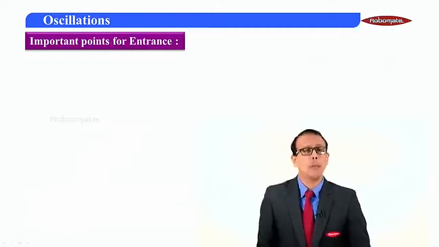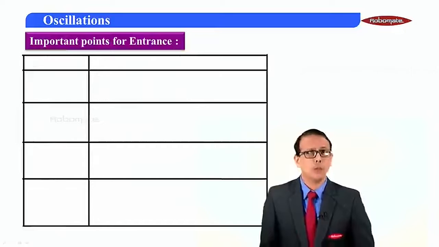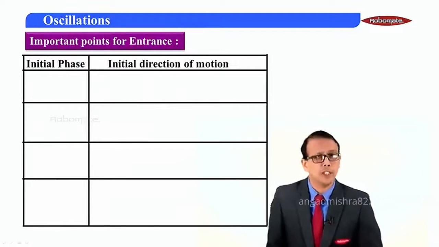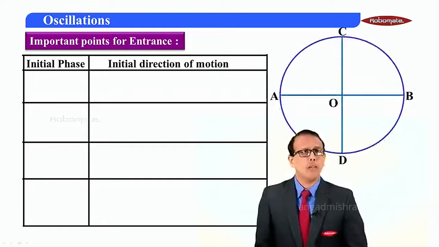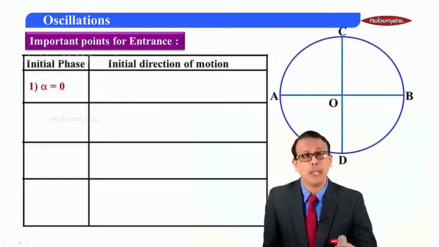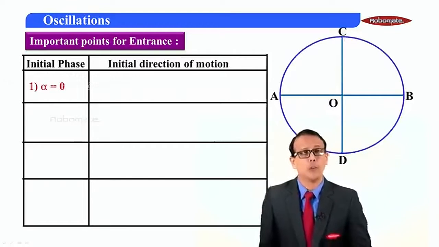Let's note down some important points for entrance, students. We'll have 4 standard cases to remember as far as entrance is concerned. Whenever initial phase is 0, we should know where the particle starts from and its direction of motion.